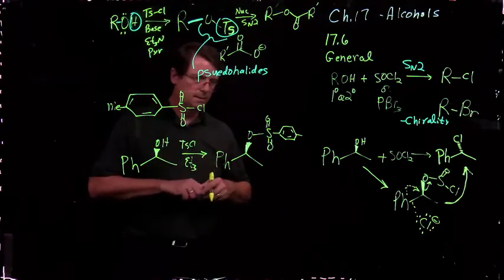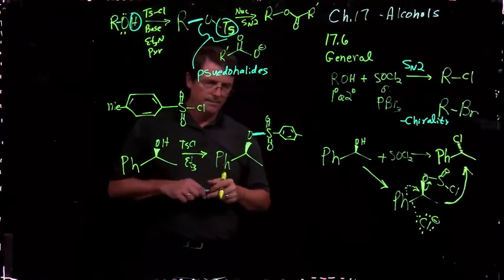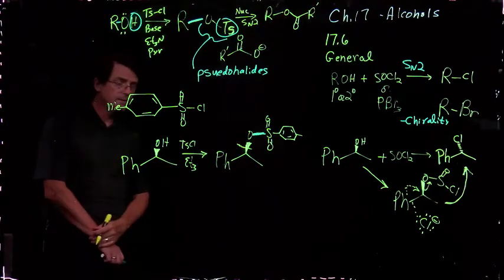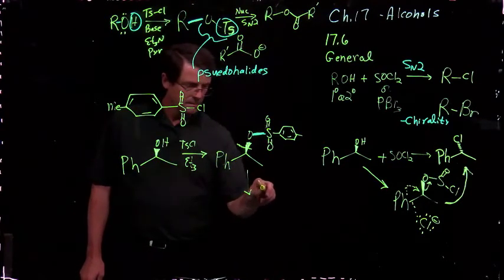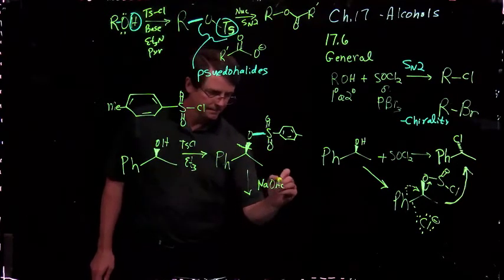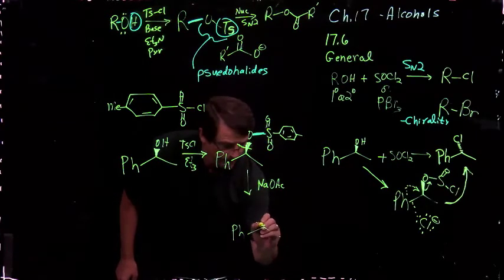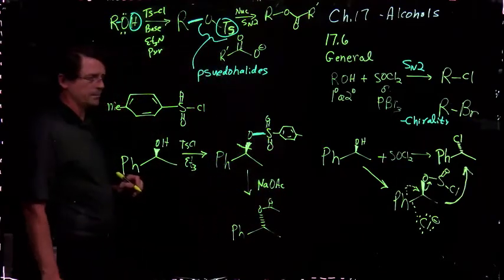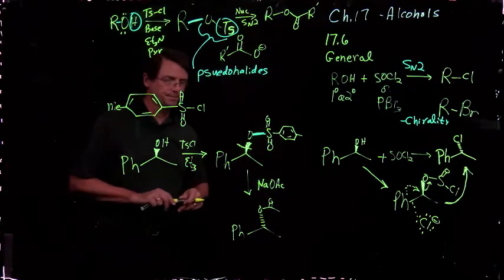We've made this sulfur or sulfonate oxygen bond, and that makes this bond now something that we can displace. So for instance, we could react this with sodium acetate, and we would get inversion of configuration because of the SN2 reaction.